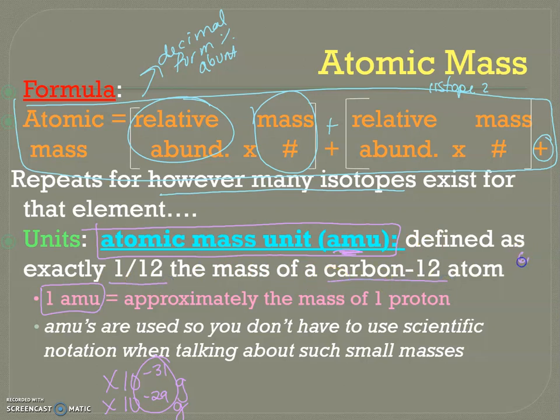If you remember, carbon-12 has 6 protons and 6 neutrons, so it has a mass number of 12. So 1/12 of it is roughly the mass of a proton. It's just going to make things easier. So instead of using grams, it's accurate to say AMU.